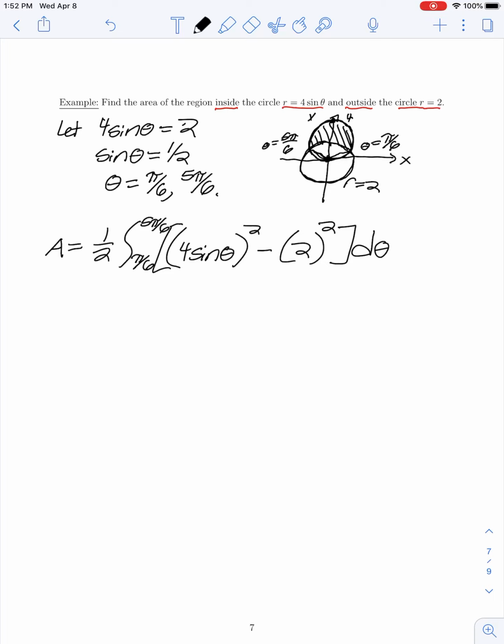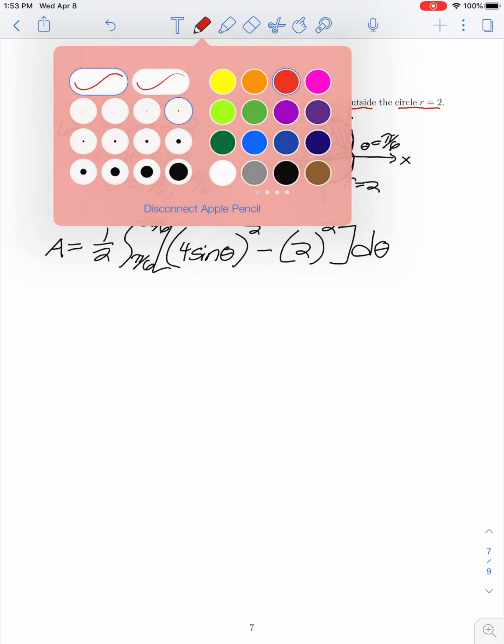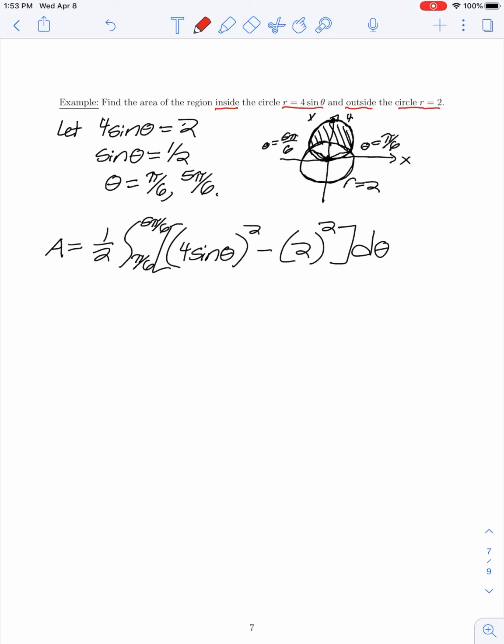So if we simplify a little bit here, there's a few ways that we could approach this in order to make our work a little easier. One thing that I'm going to make use of here is the symmetry of this region.